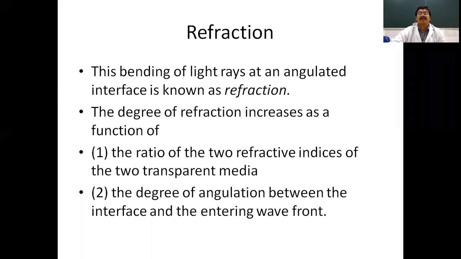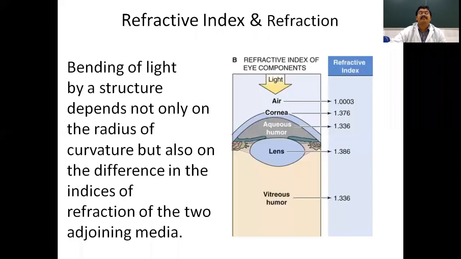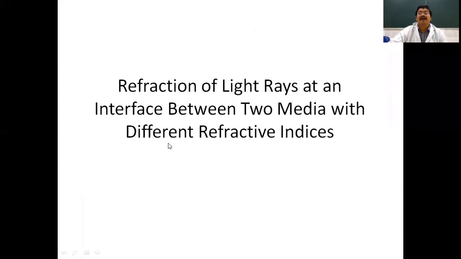The degree of refraction depends upon the ratio of the two refractive indices of the media and the degree of angulation between the two media entering the wavefront. The bending of light depends not only on the radius of curvature but also on the difference between the two adjoining media.